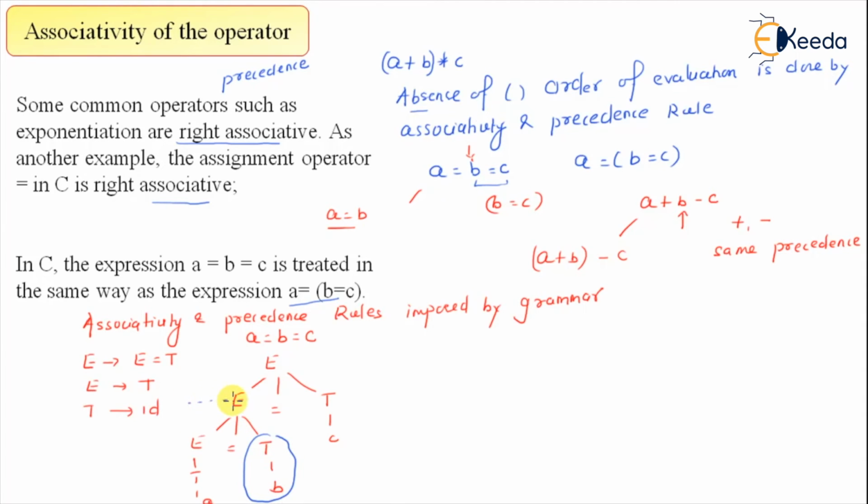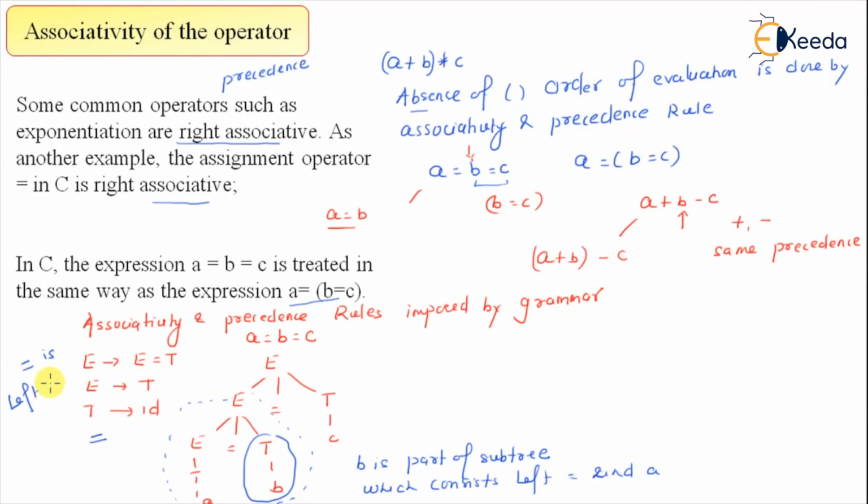If I put this in this dotted circle, this B is part of this subtree, which consists of the left equal to and A. So it is part of the left subtree, and what we can say for this particular grammar is that equal to is a left associative operator.